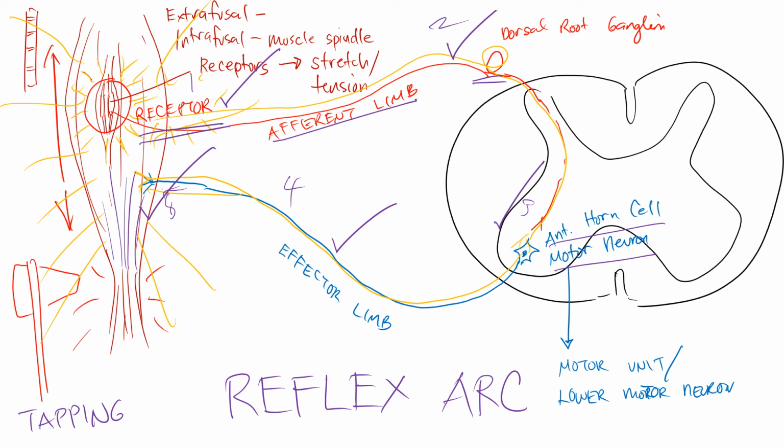Now remember, if you do not elicit a reflex arc, and provided that you did the test properly and yet you could not elicit a reflex arc, then what would it tell you?